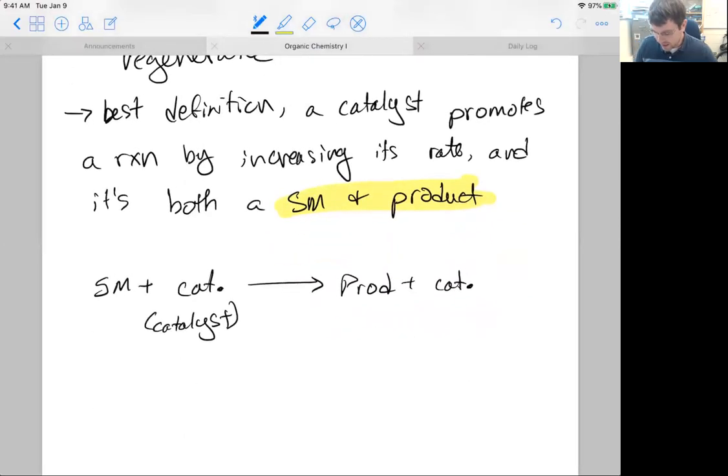But being a catalyst, a starting material and a product, means even though it is consumed and then regenerated, we don't get to say it's not consumed anymore.